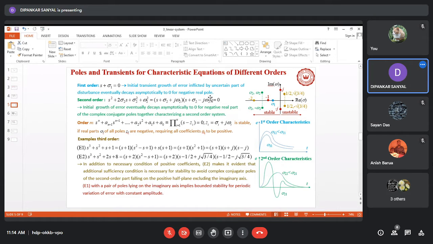So corresponding to this characteristic equation, we have shown the pole like this. Corresponding to this characteristic equation, we have shown the pair of poles like this, and corresponding to this characteristic equation, we have shown the poles like this and these two.